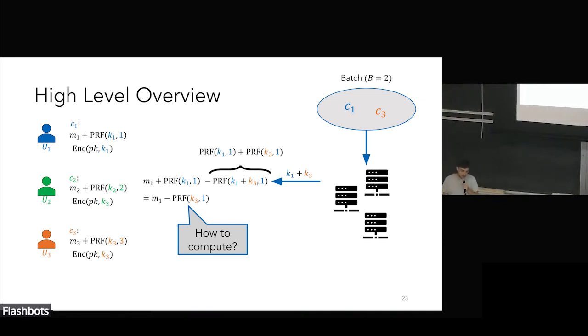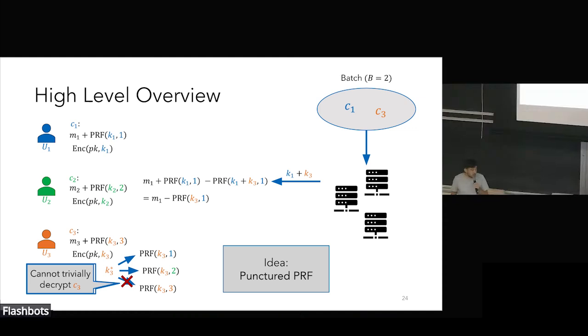So how can we get rid of this mask now? For this, we make use of another nice property of a PRF, called puncturability. Suppose that user 3, who knows K3, also punctures his key to compute K3 star, and he punctures his key at index 3. With a punctured key, you can evaluate the PRF, for example, at index 1 or index 2, but not at the punctured index.